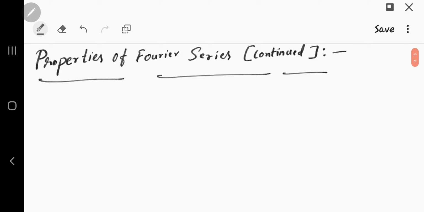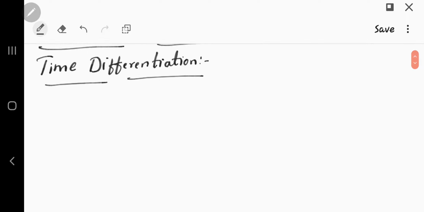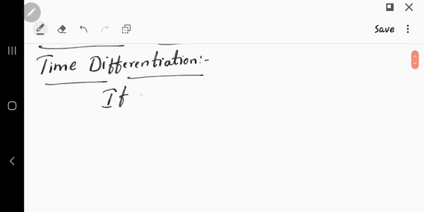Okay. Now after scaling, the next property is time differentiation. Now let's start with the definition of it.